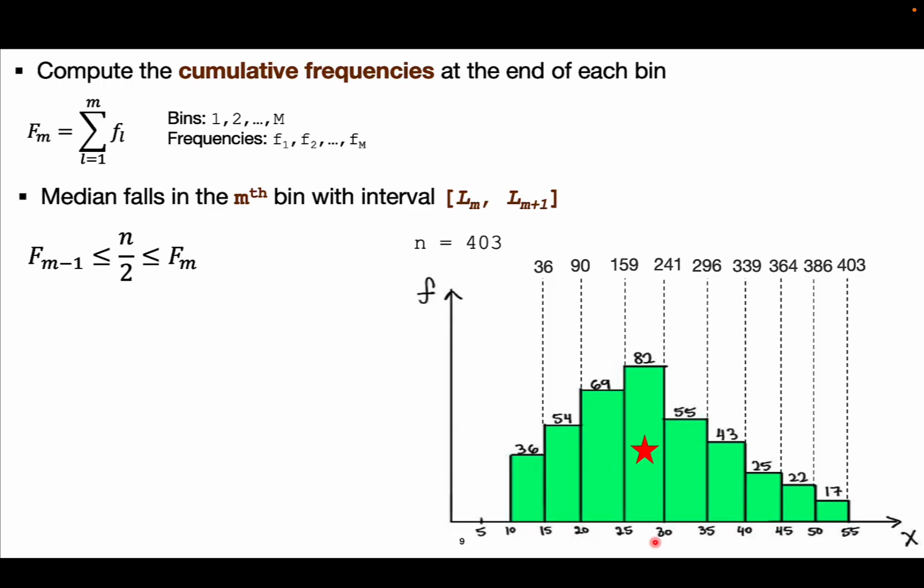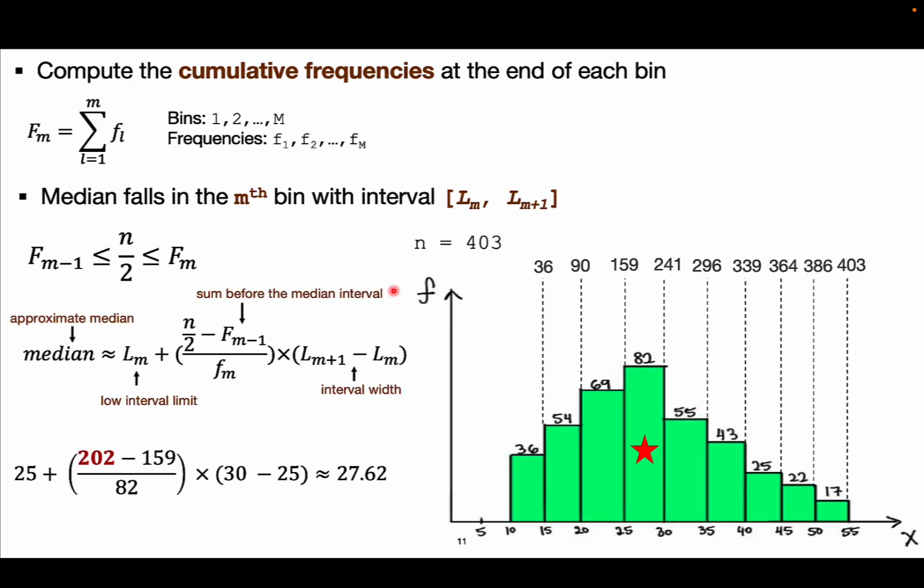The next step is estimating the median. All we know so far is that the median should be somewhere between 25 and 30. So if I want to compose this formula, I should have 25 plus something. And this something should be the interval width multiplied by a ratio.